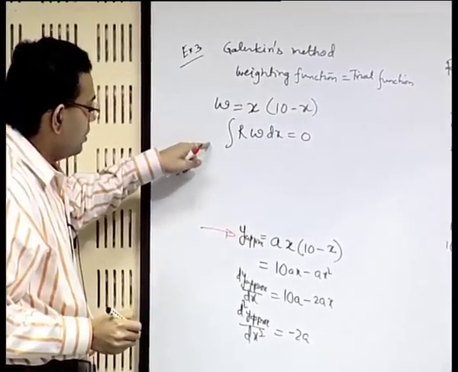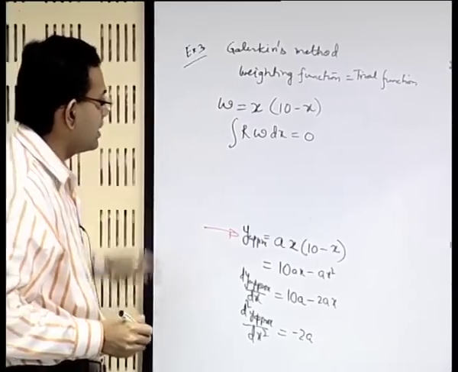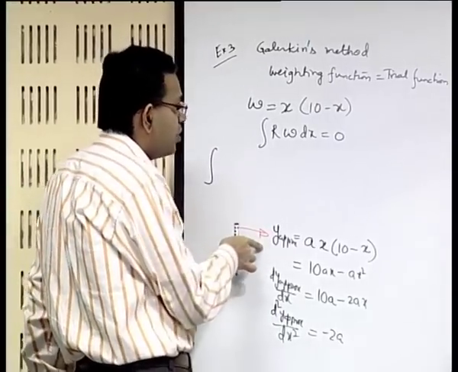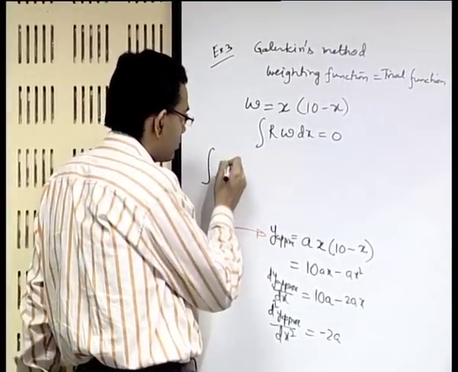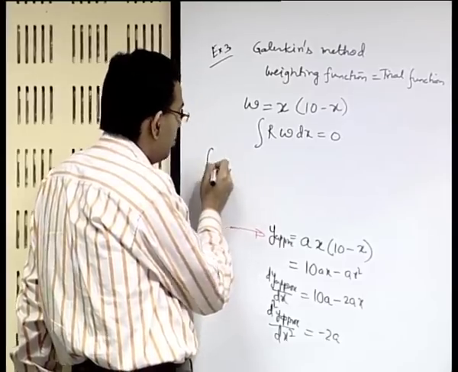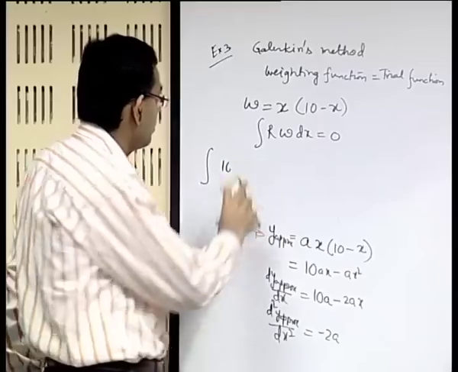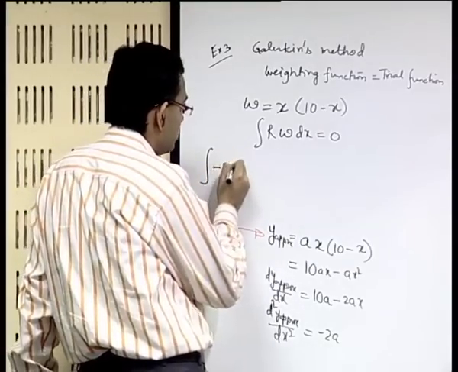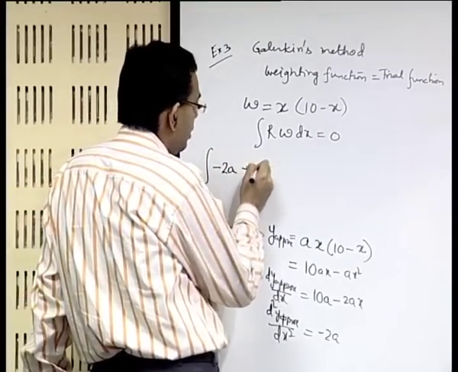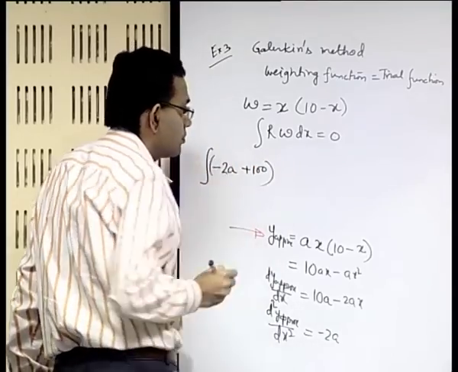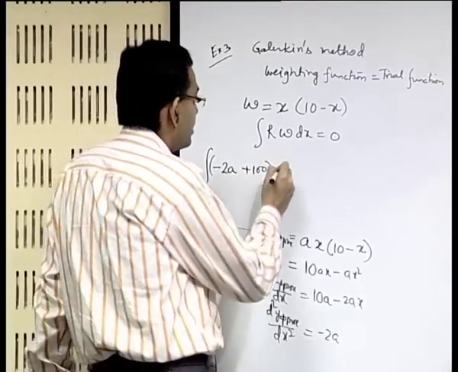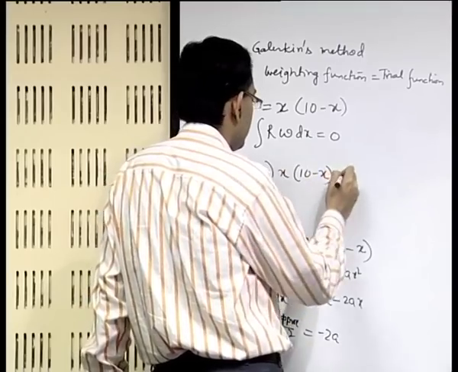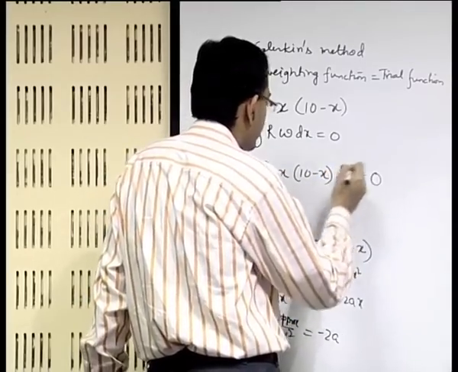So let us now do this exercise. Integral of, if you choose the same approximating function, minus 2a plus 100 into x into 10 minus x dx equal to 0.